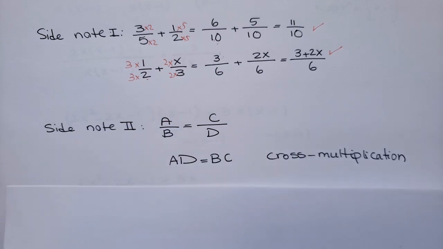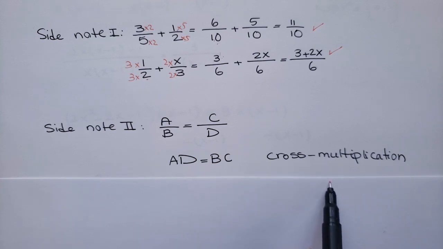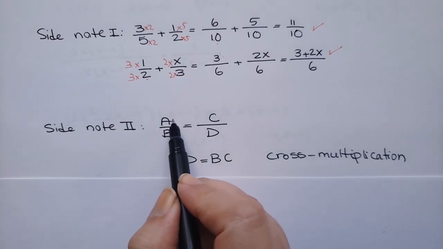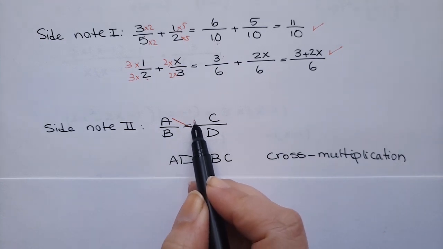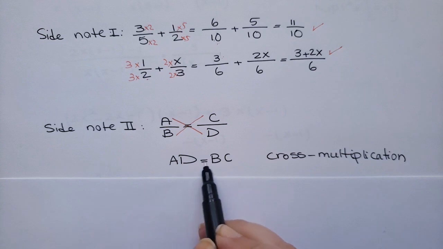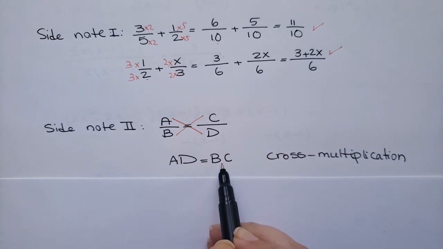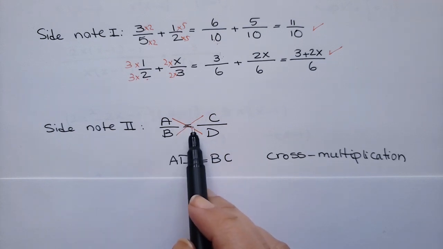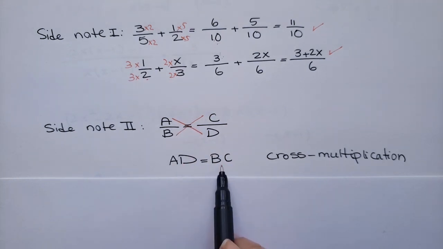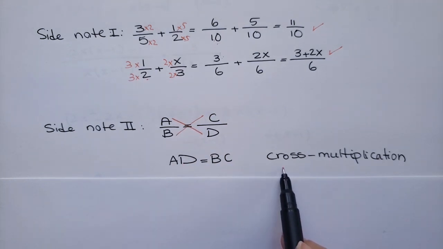Then the tool we are talking about is cross multiplication. We could say A multiplied by D is equal to B multiplied by C. So we change the fraction format into the linear format by using the cross multiplication tool.